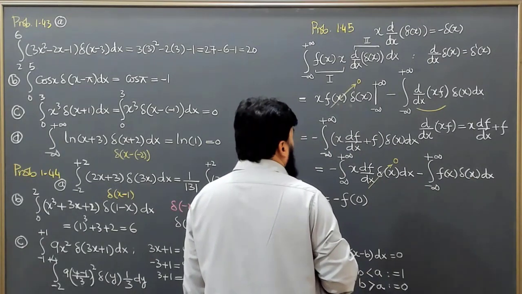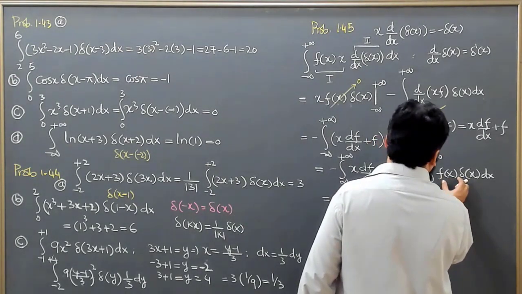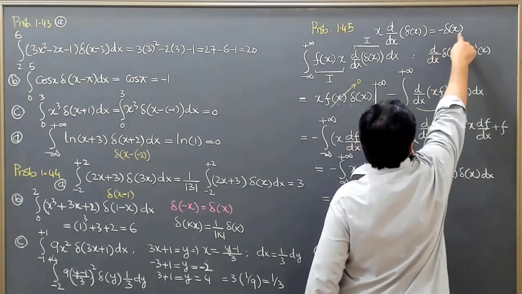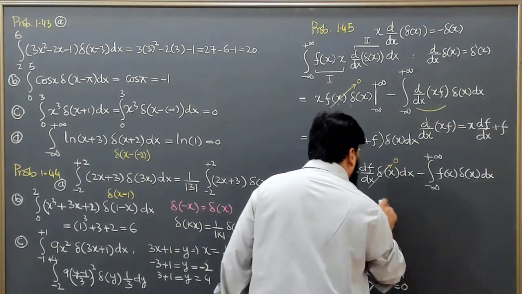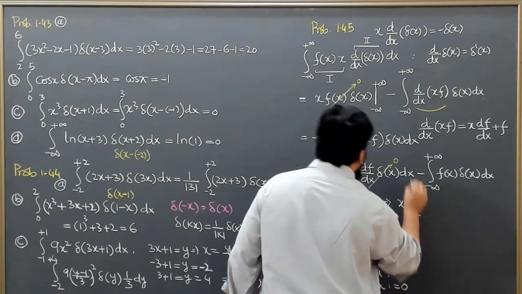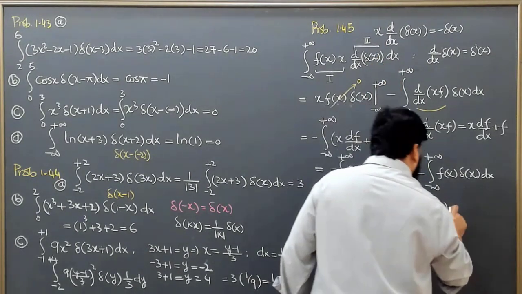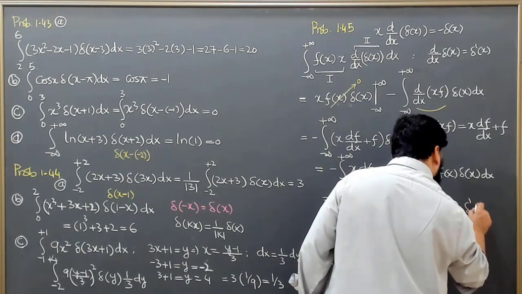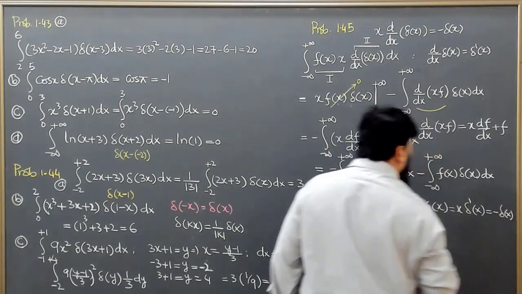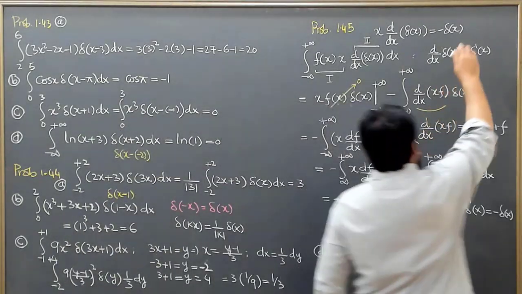This minus f of 0 is basically this one; if I take f out of it, then this is minus delta of x. This implies that x d over dx of delta x, that is, x delta prime of x, is equal to minus delta of x, and hence we have proved that corollary as well.